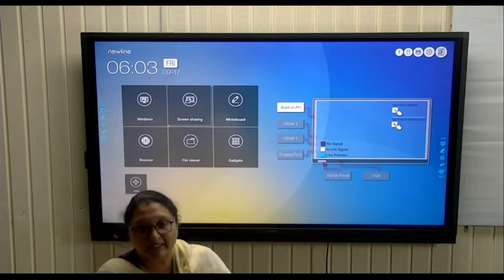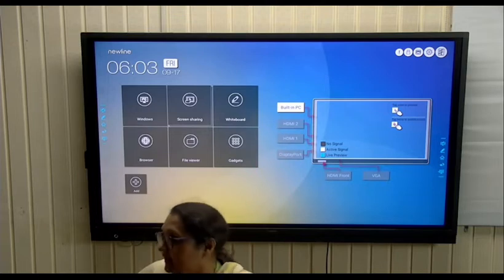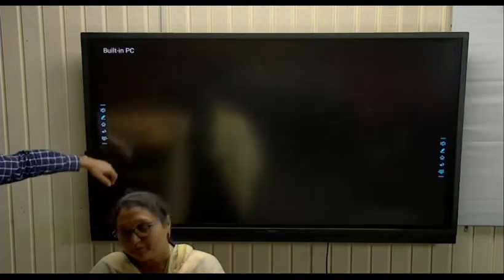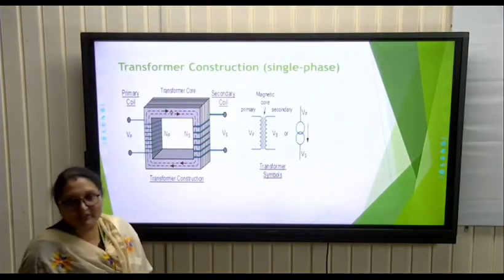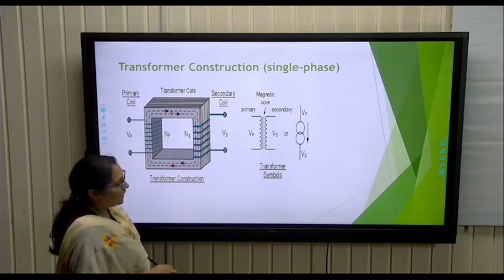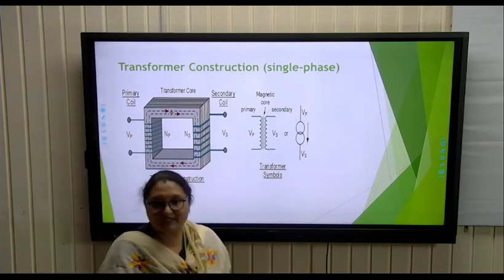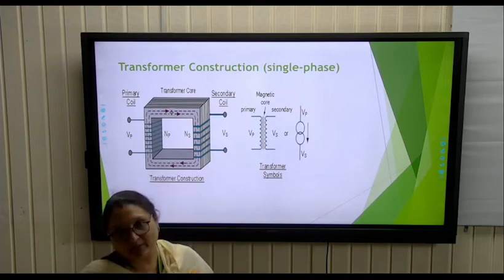So as per Faraday's laws of electromagnetic induction, the EMF which is induced on the primary side is termed the self-induced EMF, and the EMF which is induced on the secondary side is termed the mutually induced EMF.